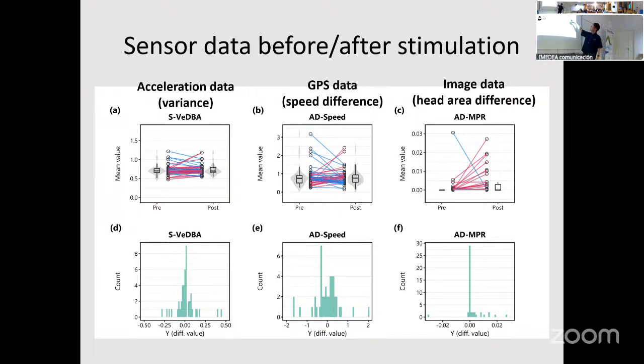Each point shows movement intensity before stimulation and after stimulation. In the case of acceleration data and speed data, we could not identify a statistical difference before and after the stimulation.